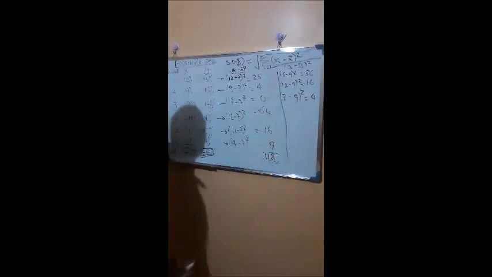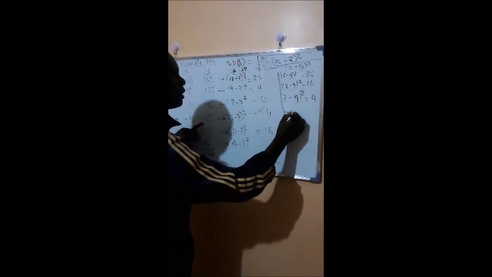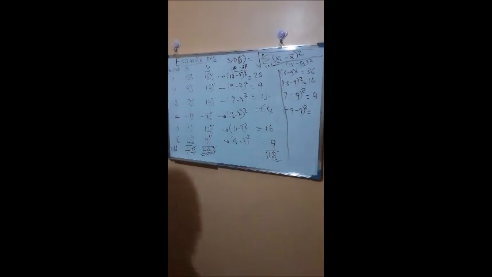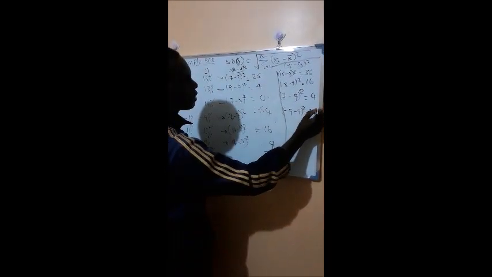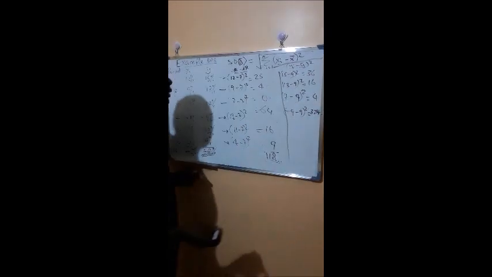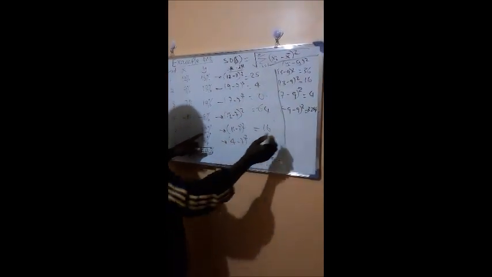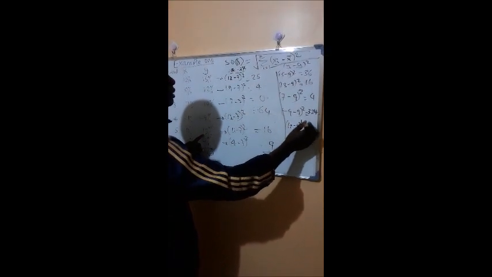For period 4, it is minus 9 squared. This will be equal to 324, 18 squared, 324. For period 5, it is 12 minus 9 squared.